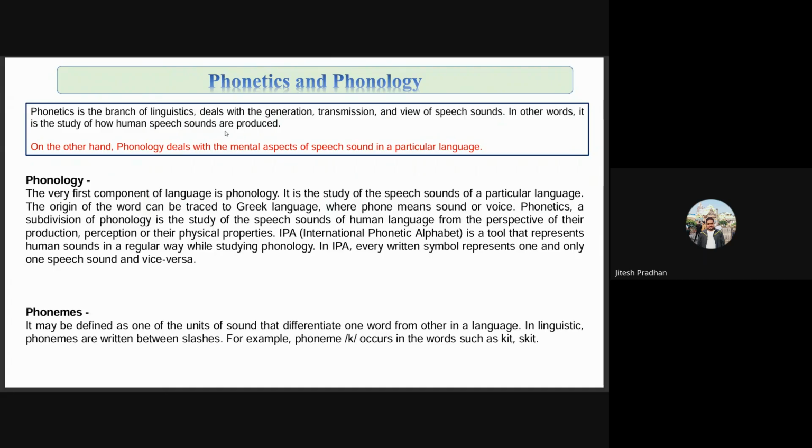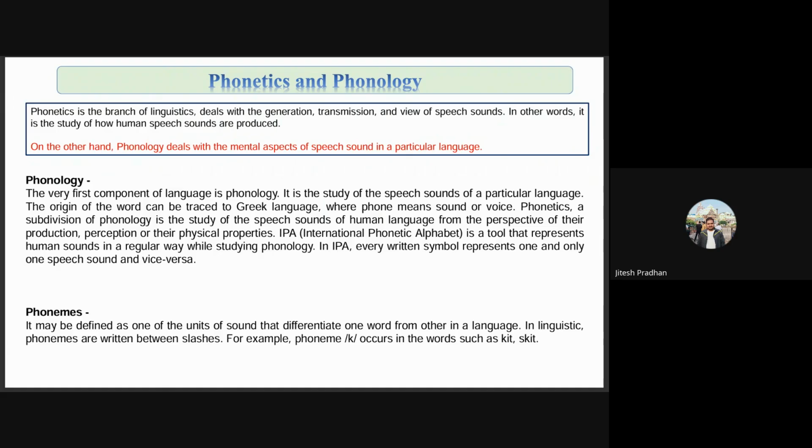And phonology is the study of how speech sounds are organized and used in a language. Phonology focuses on the patterns and how they are used, whereas phonetics is basically pronunciation. That is phonetics and phonology.